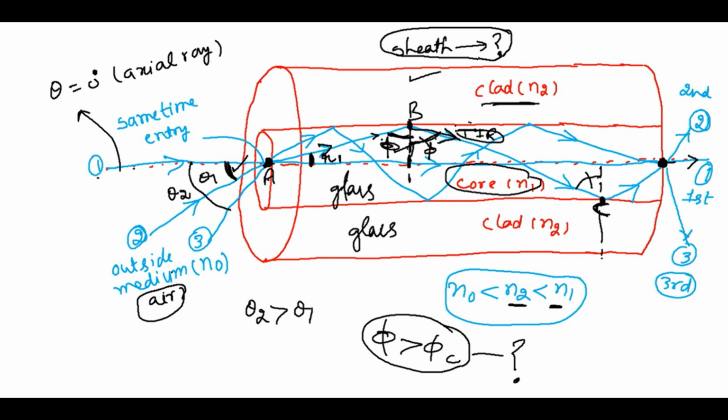So this and this are equal because of the law of reflection, and this will be equal because these are alternate angles, with the assumption that there is no bend in the optical fiber. Therefore this angle will also be phi. Now we know that phi is greater than phi c. So if total internal reflection is satisfied at point B, then total internal reflection will also be satisfied at point C, provided there is no bend in the optical fiber. What will happen if there is a bend in the optical fiber?